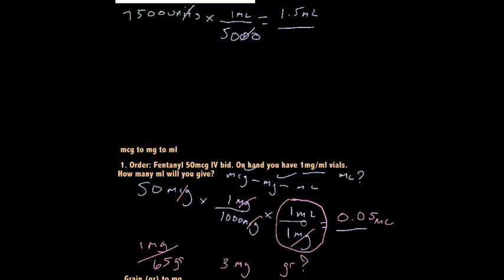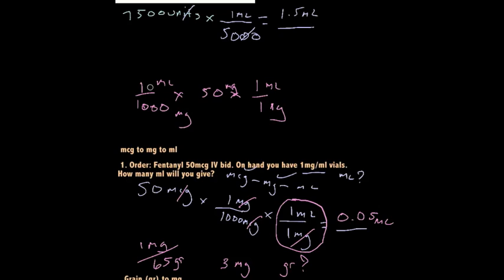It would not have made a difference if we would have set the problem up 1 over 1,000 times 50 times 1 over 1. We have the units: milliliters, milligrams, micrograms, and milliliter, and milligrams. It would not have made a difference if we set it up that way.